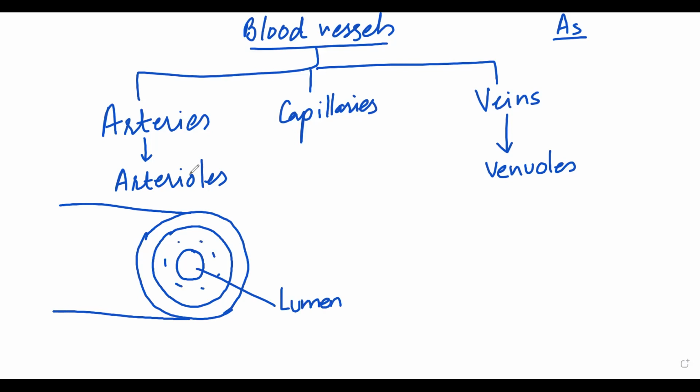And this portion that I'm marking with dots, this thick wall, is made up majorly of elastic fibers. Not only elastic fibers, other than that, there can be smooth muscles, also present because the wall is thick.